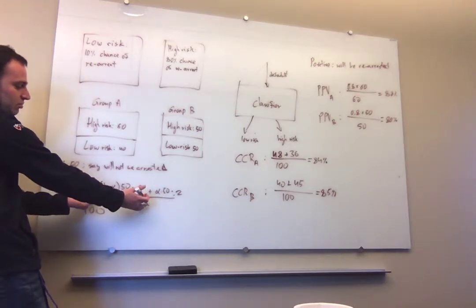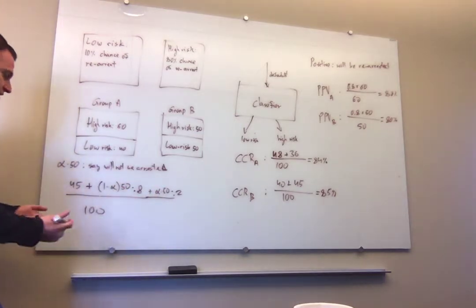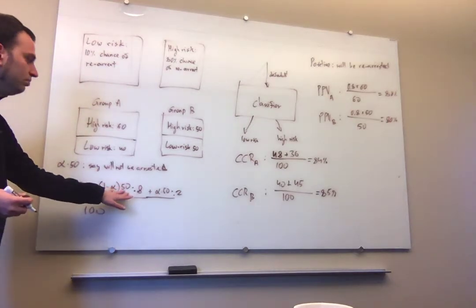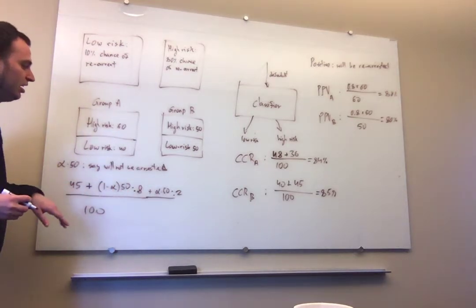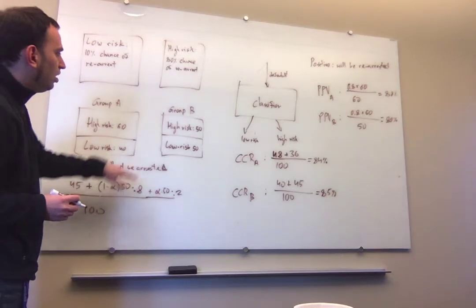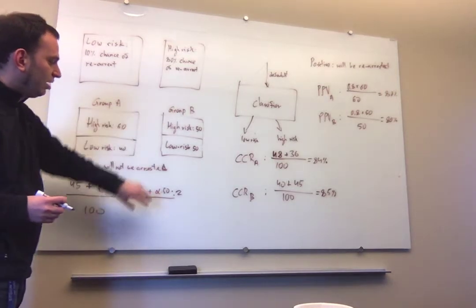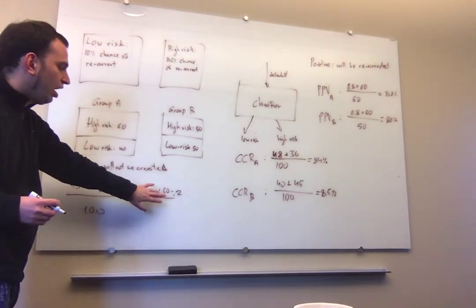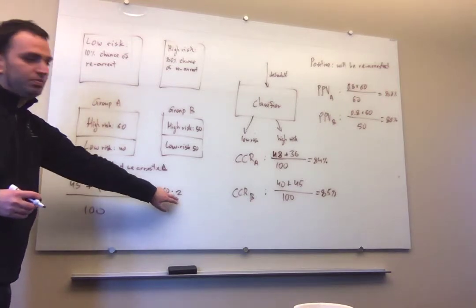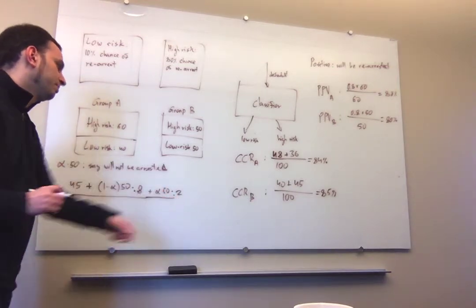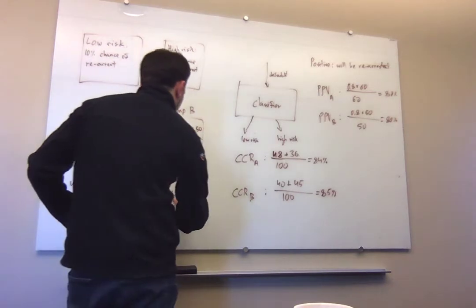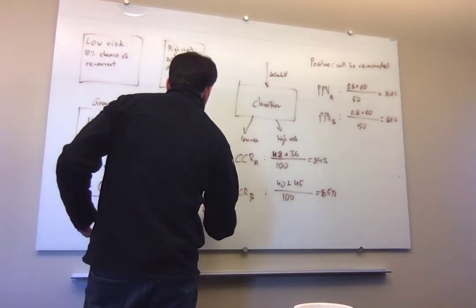So that's how many I'm right about when I say yes. And then out of the pool of 50 high-risk people, I'm going to say no to alpha times 50, and I'm going to be correct 20% of the time. My goal here is that this entire thing should be equal to 0.84.